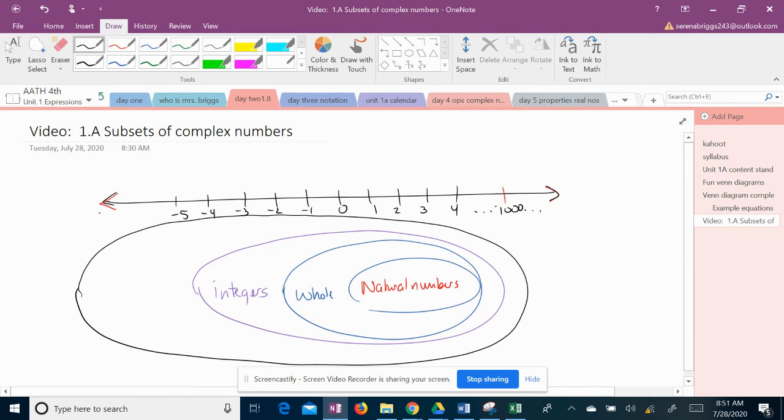For example, the number square root 2, or the number square root 8, or the number pi, or the number 4.1202, or the number negative 1.5, or the number negative 9/2.